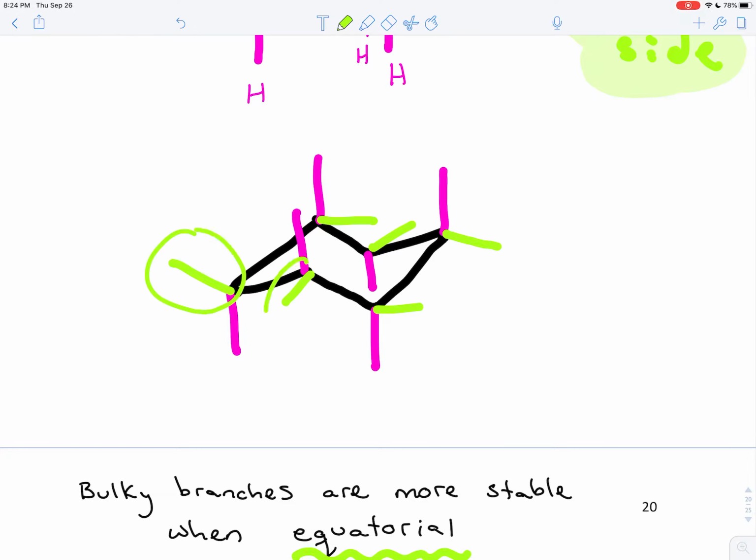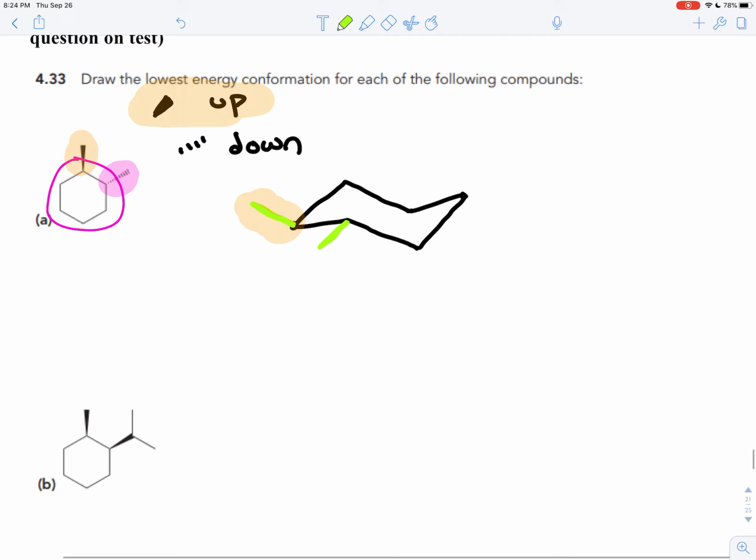Notice, if one is up, the one next door is down. The one after that is up, then down, up, down. They alternate. So, this is what the most stable conformation for this molecule would look like from the side.